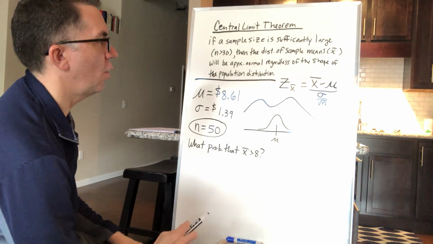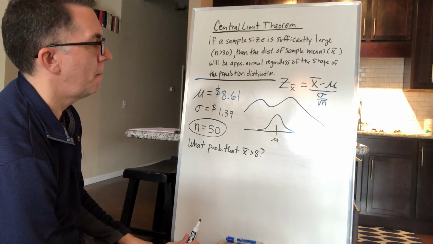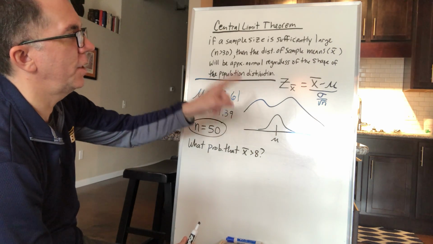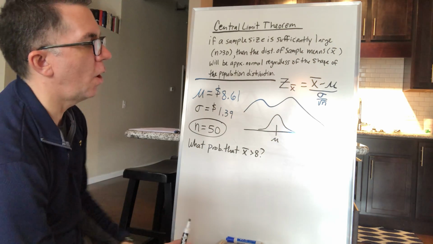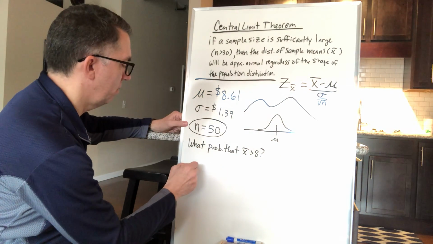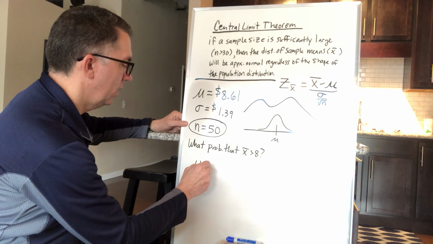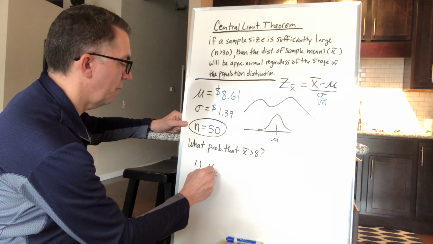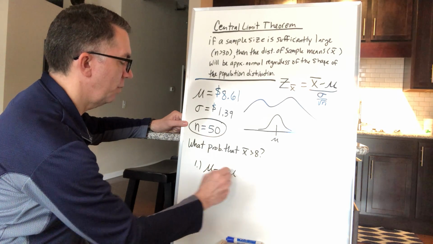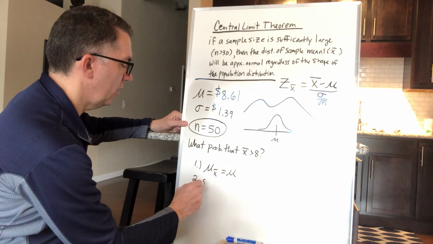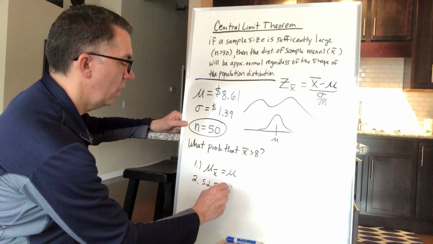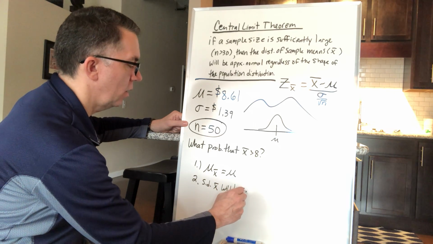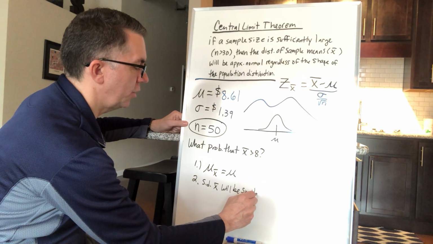Okay, a couple things to know about that. If my sample size is bigger than 30, well, first of all, the mean of all the sample means will always be the same as the population mean. Something to know. The mean of all the samples equals the population mean. And the standard deviation of the samples of x bar will be smaller than the population.